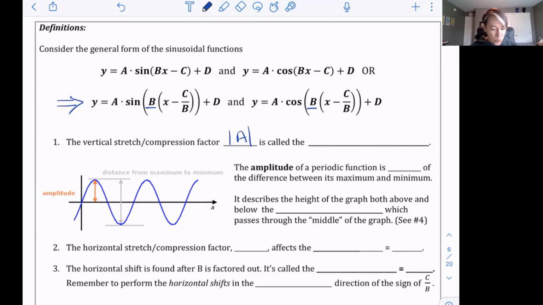But with trig functions, we call that the amplitude. The amplitude of a periodic function is half of the difference between its maximum and minimum. Think of the distance. It describes the height of the graph both above and below what we call the midline, which passes through the middle of the graph.